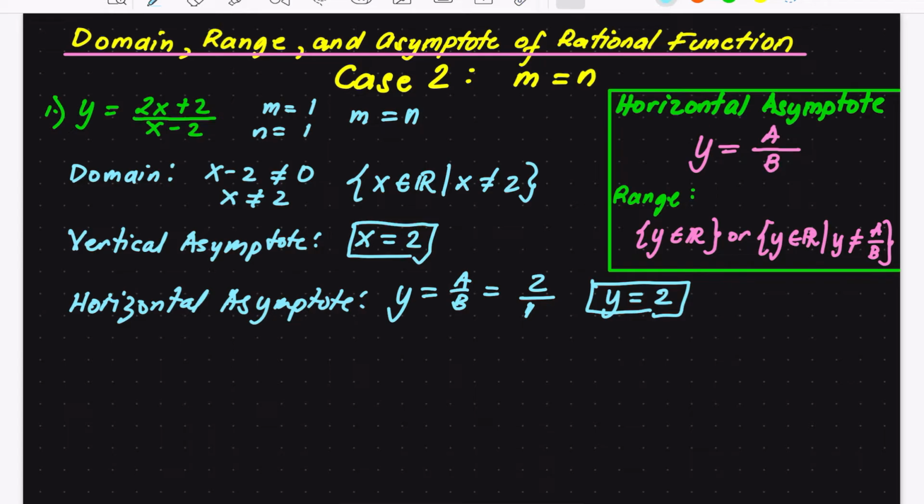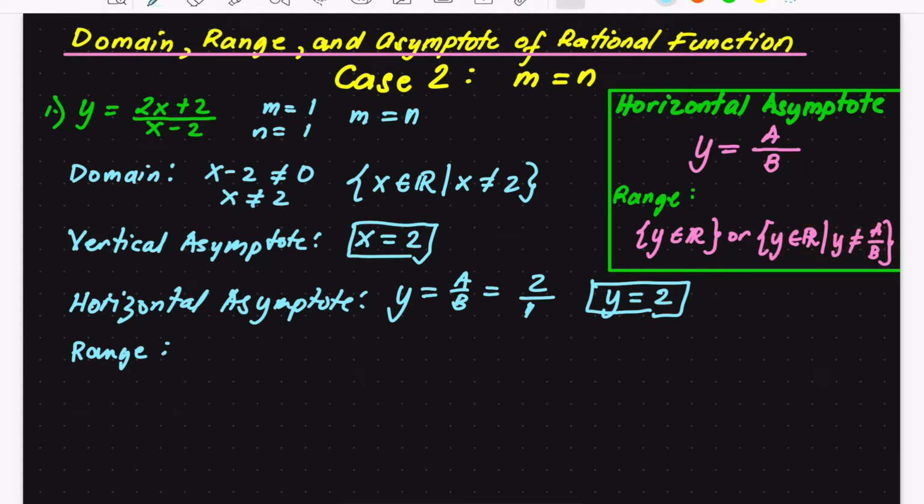Okay, itest natin naman doon sa range. Sa range, bago ka mag-declare ng range mo, itetest natin kung may makukuha tayong value ng x gamit ang y is equal to 2. Okay? Kasi kung meron, kapag meron, ito ang magiging range natin. Kung wala, ito ang magiging range natin. So, isolve natin.